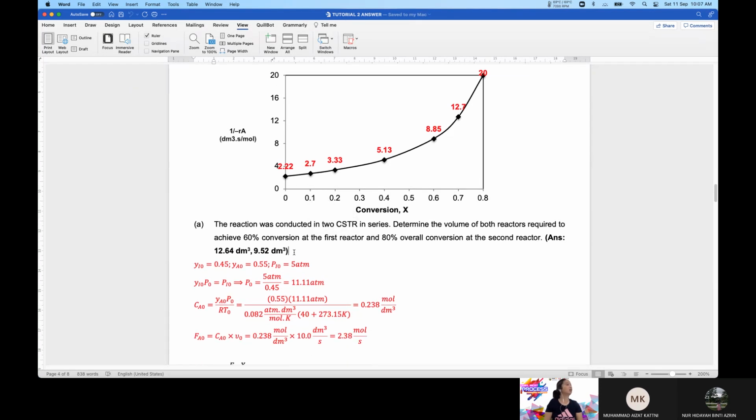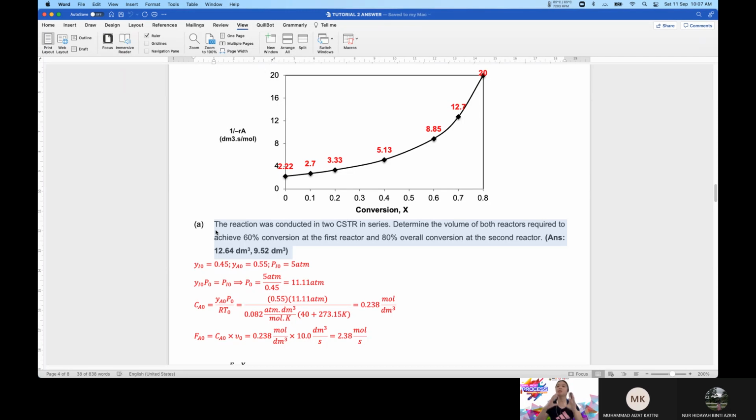The question says, reaction was conducted in 2 CSTR in series. Determine the volume of both reactor to achieve 60% conversion at the first reactor and 80% overall conversion at the second reactor. So dalam kes ni dia kata, I have 2 CSTR in series.